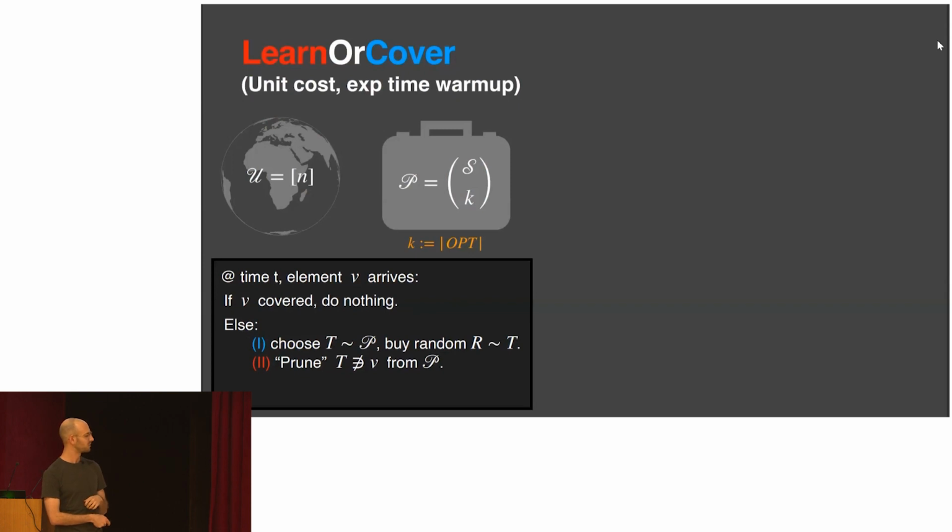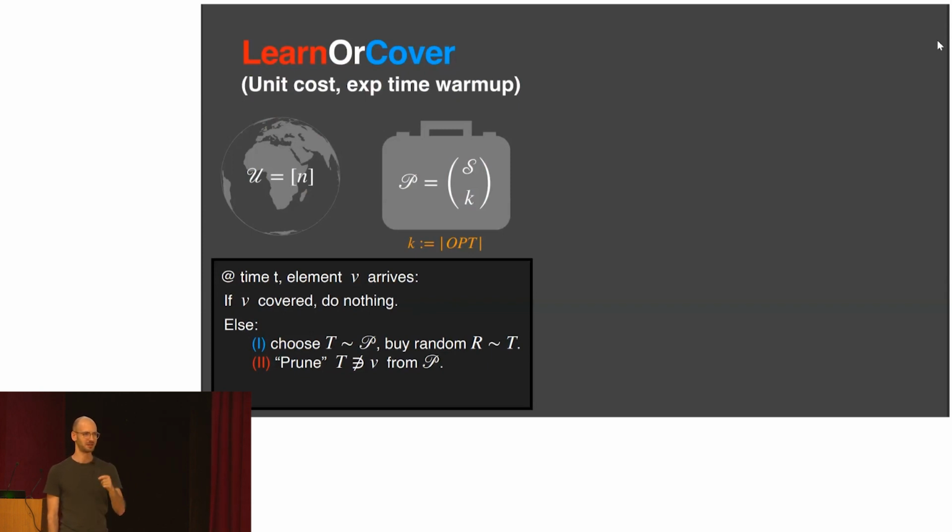Then from T, I'll draw a uniformly random R. So the type of R is a set. That's step 1. Step 2 is I'll prune from my portfolio anything that I know is not the optimal solution. T is a K-tuple. R is a single set. Does anyone see an issue with this algorithm?